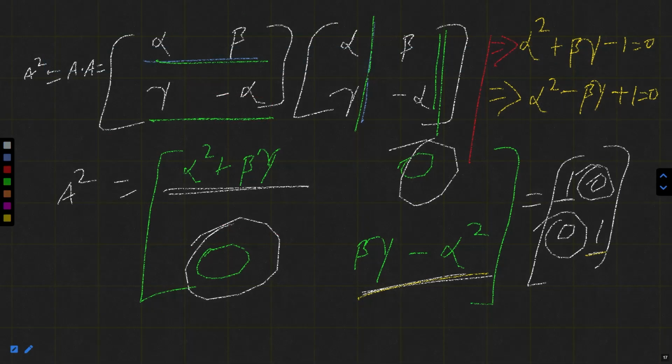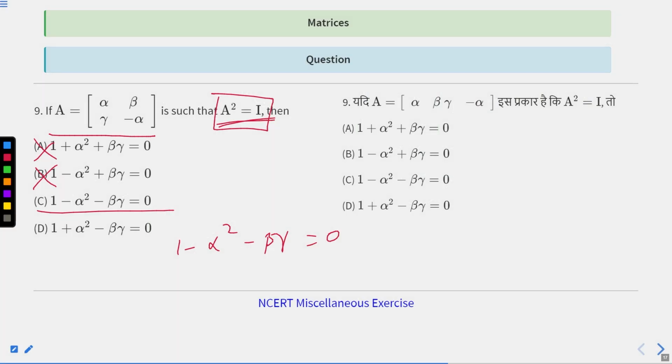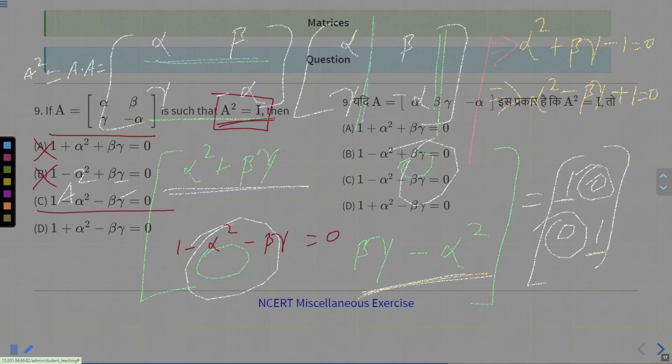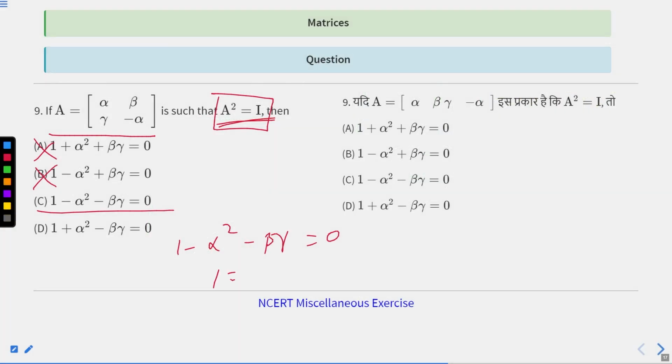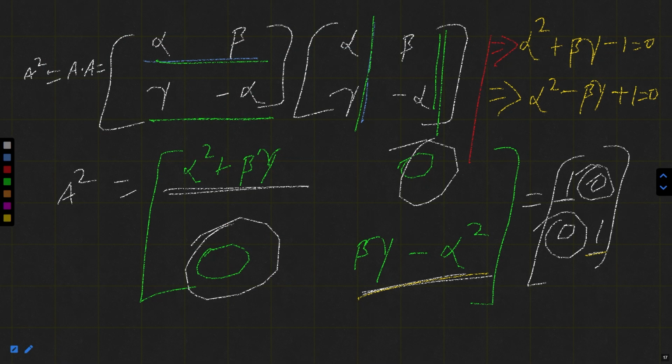In other words, 1 is equal to alpha square plus beta gamma. Yes, we are having this.